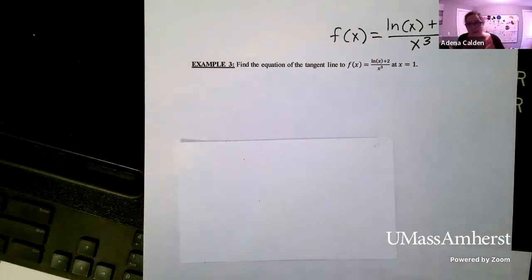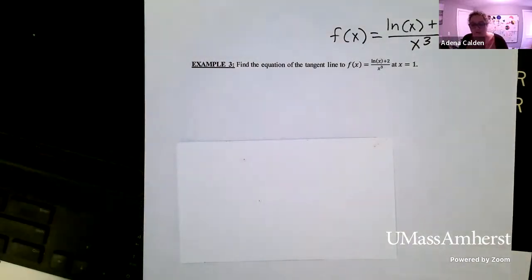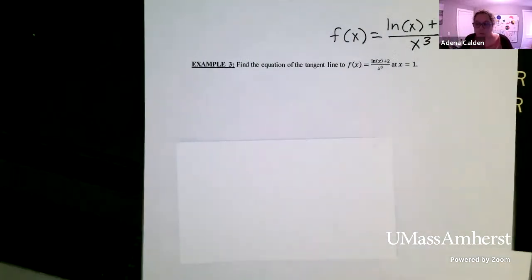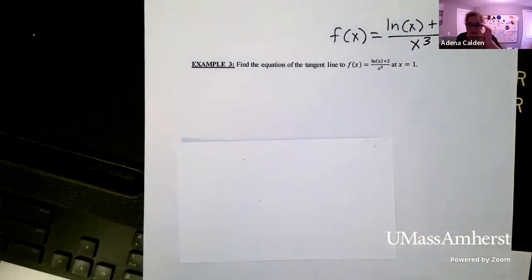So again, think about our process for finding the equation of the tangent line. Again, what's different here is that we have a quotient for our function, so we have to be a little bit careful about how we handle that. But we need a point, we need a slope, and then we can put it all together to get the equation of a line. Okay, so take 3 minutes.